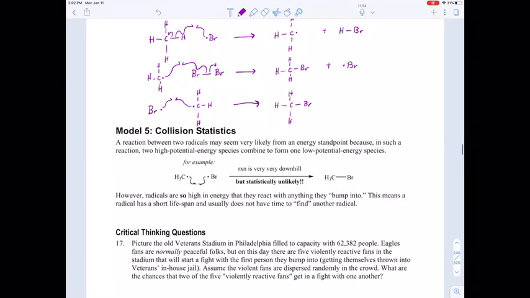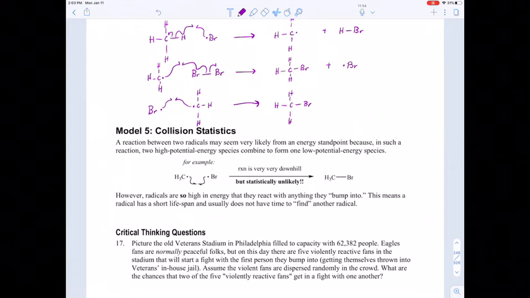So that is a very, very downhill favorable reaction, but it's unlikely to happen. It's statistically unlikely to happen. Radicals are so high in energy that they react with anything that they bump into. This means a radical has a short lifespan and usually does not have time to find another radical.